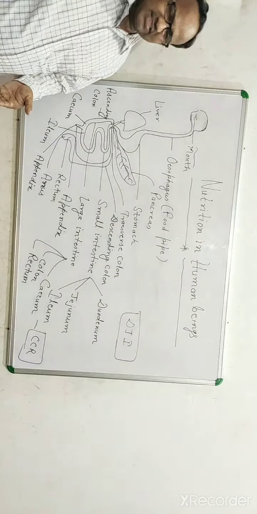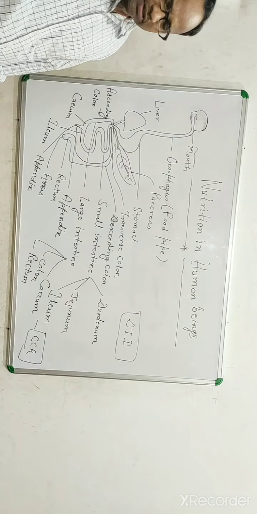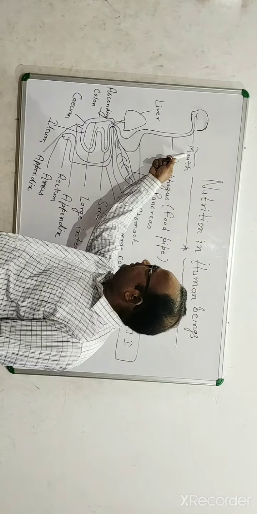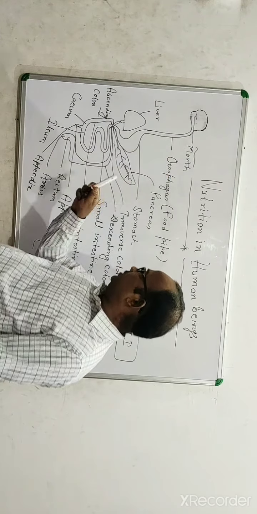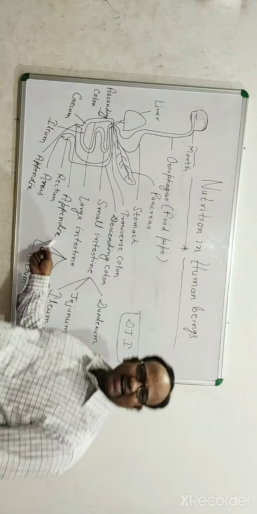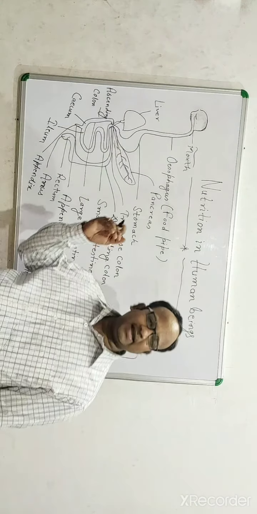In the next class, we will come to know how the digestion of food takes place, the role played by different digestive organs: mouth, stomach, small intestine and large intestine. We will come to know this in my next class.